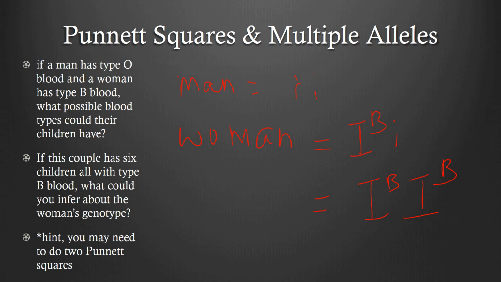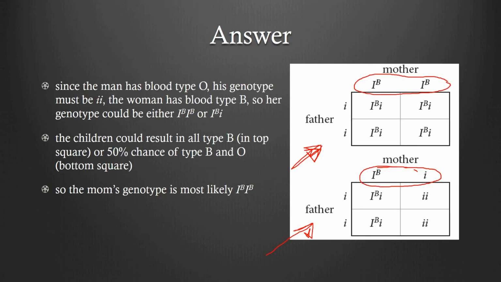If this couple has 6 children, all with blood type B, what could you infer about the genotype? Well, if the mom is heterozygous, there's a 50-50 chance that they're going to be type O. But if the mother is homozygous for type B, then there's a 100% chance they're going to be type B. So I would say the mom's genotype is likely to be homozygous type B.